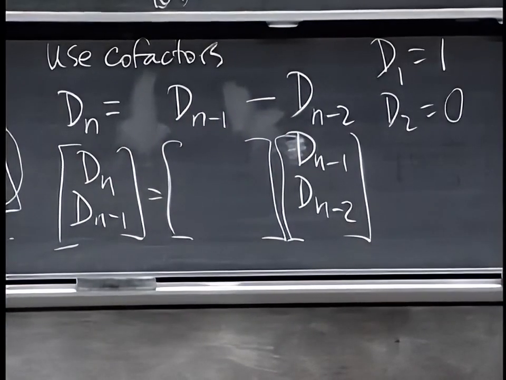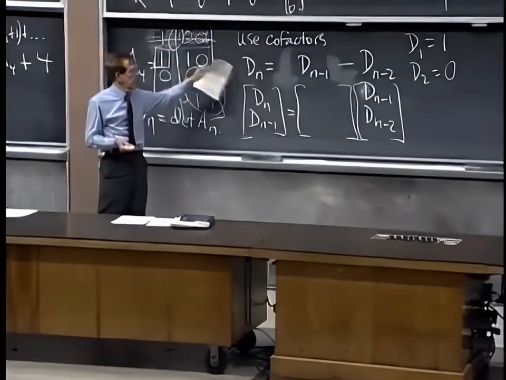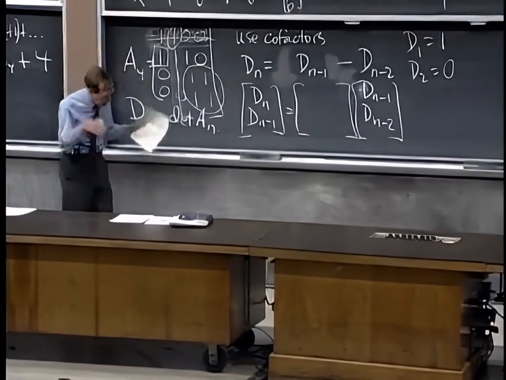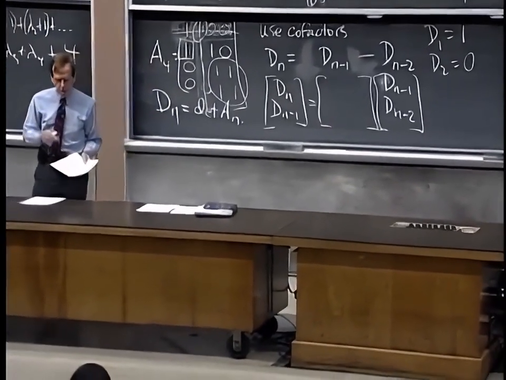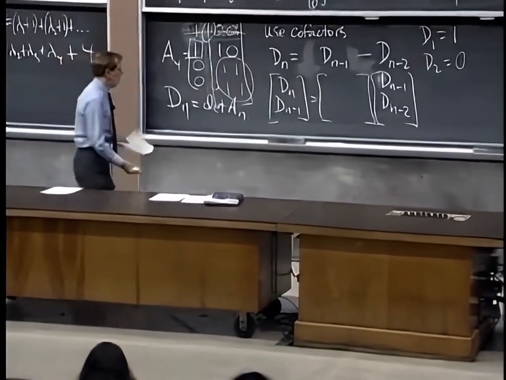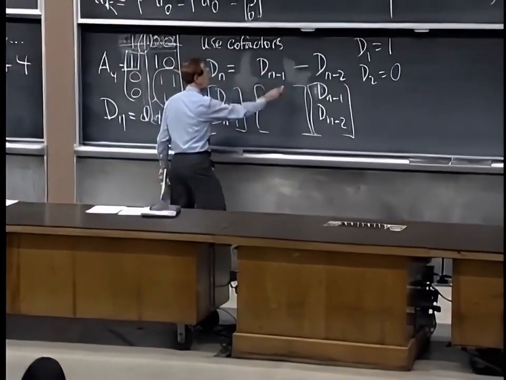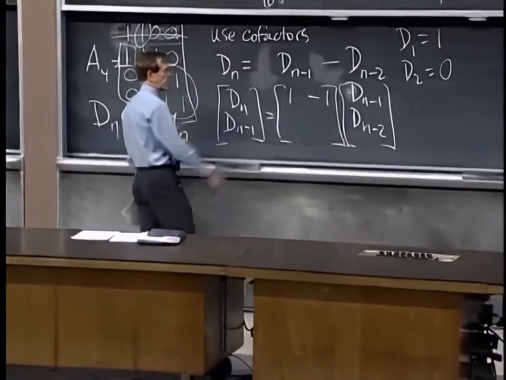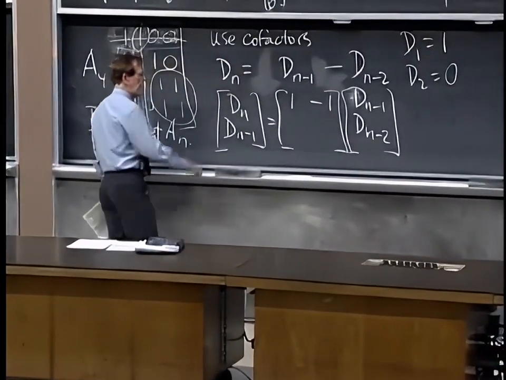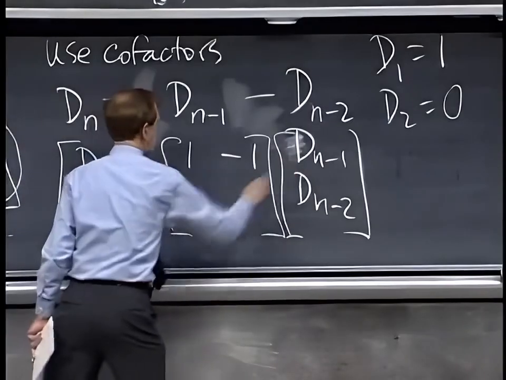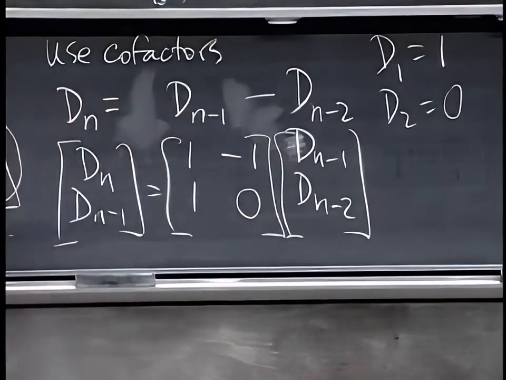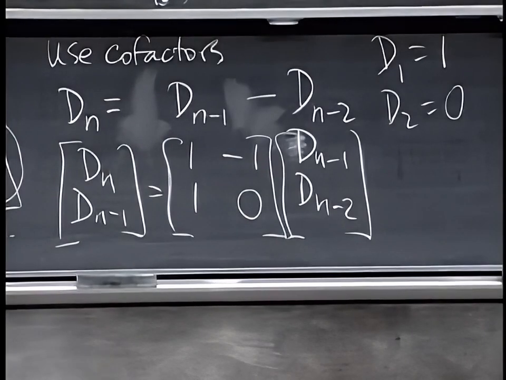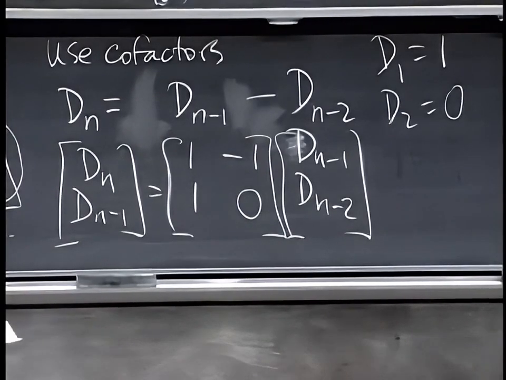You remember this step of taking a single second-order equation and, by introducing a vector unknown, making it into a first-order system. Okay, so Dn is 1 of Dn minus 1 minus 1. I think that goes in the first row, right, from the equation above. And the second one is the same as this, so 1 and 0 are fine. So there's the matrix.